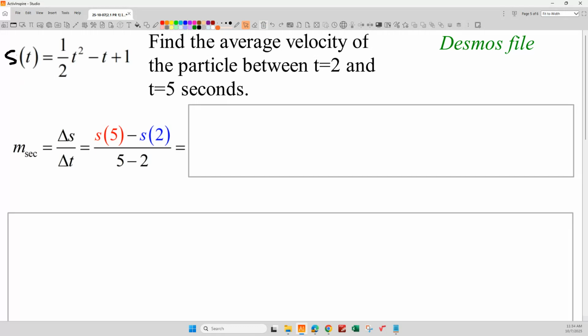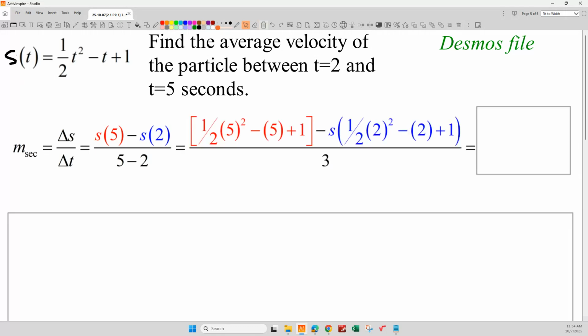Okay. So that's going to be the slope of our secant line, which is the average rate of change. Well, s of 5, that's easy to find. We just plug in 5. And if we do that, I'm going to get 25 halves minus 4, so minus 8 halves, so 17 halves, minus whatever I get when I plug 2 into my function.